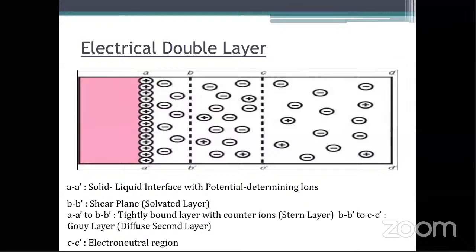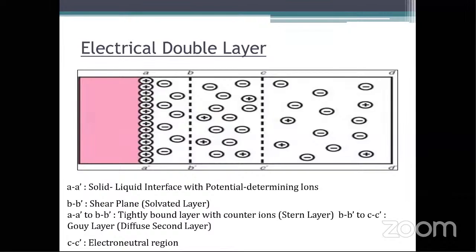The number of anions present in the tightly bound layer is less than the adsorbed cations. Therefore, B dash still possesses positive charge. Up to this, all clear? All of you are getting my point? Yes, sir.